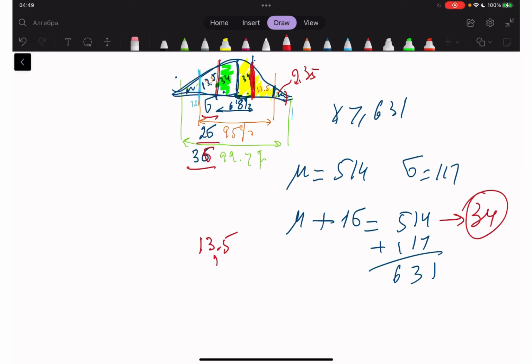Okay, 2.35, and we are getting 15.85, right?